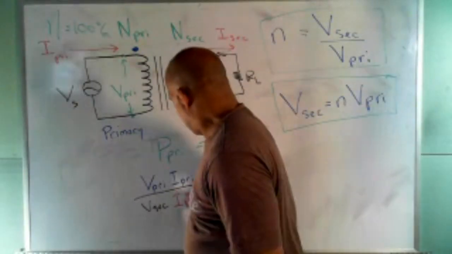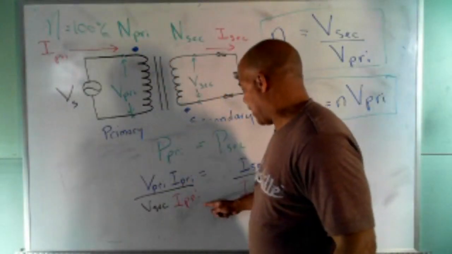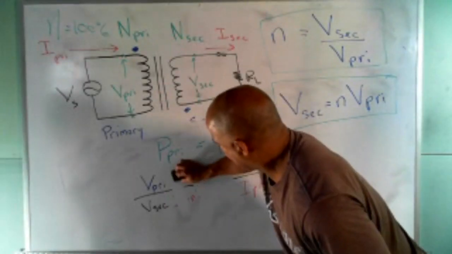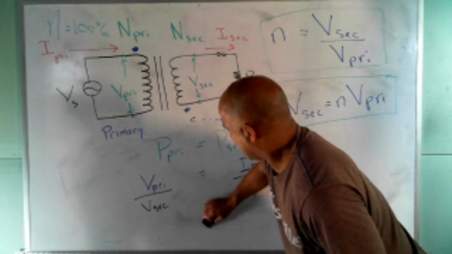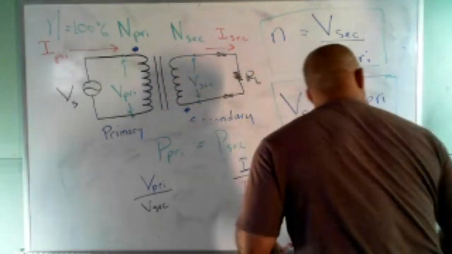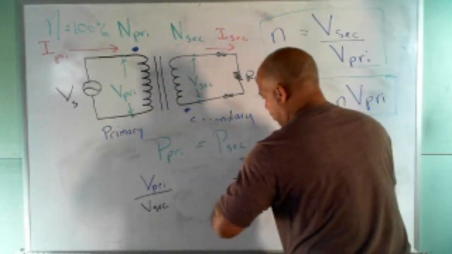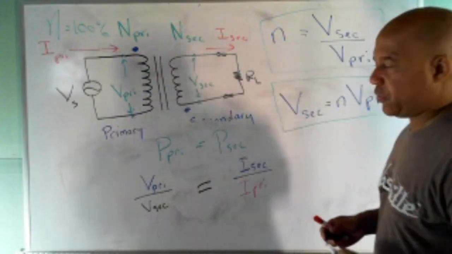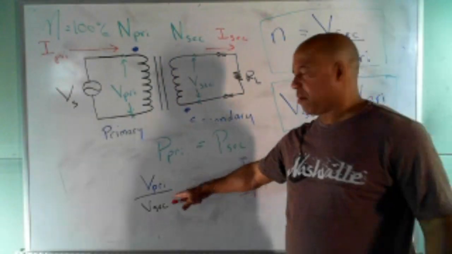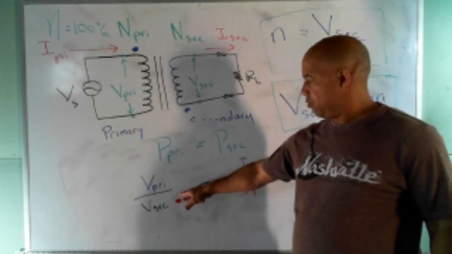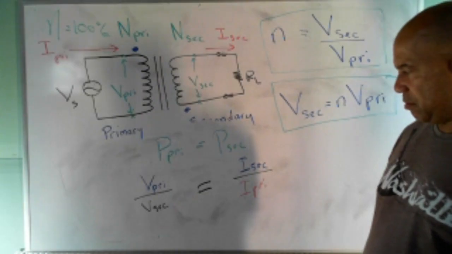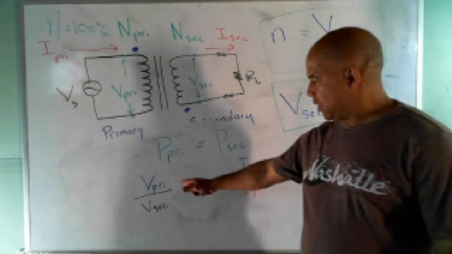If I do that, I get I prime over I prime, and they cancel out. And so what I get is these two ratios. The math tells me that whatever they are, they're equal to each other. What is this right here? What is V prime or V sec?